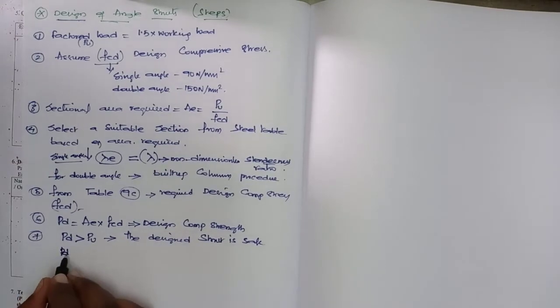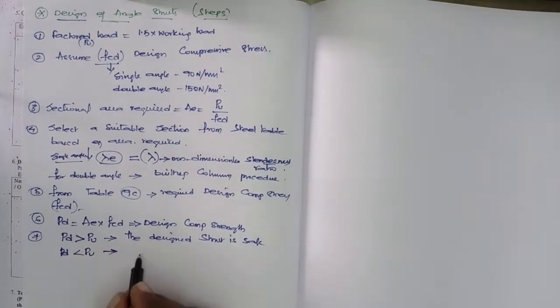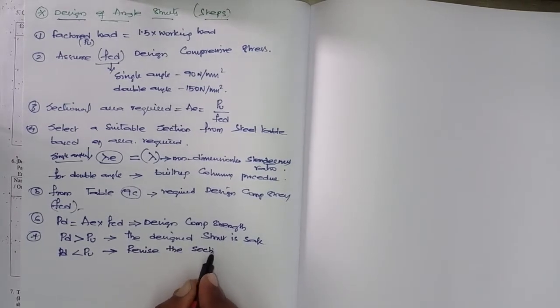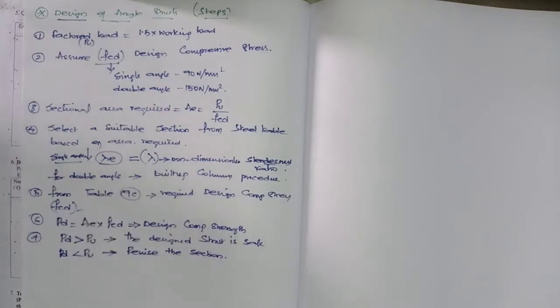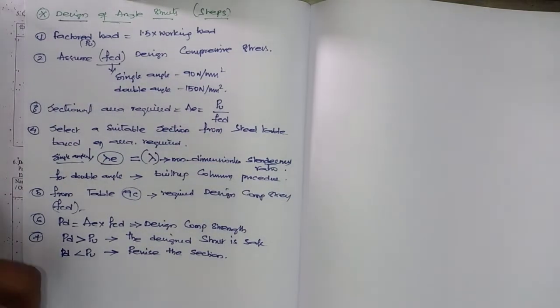Suppose PD is less than PU, you have to revise the section.